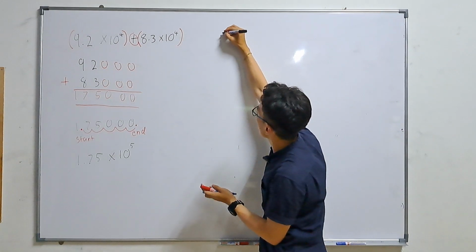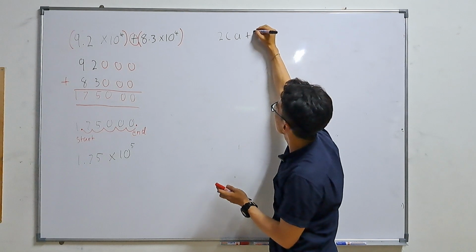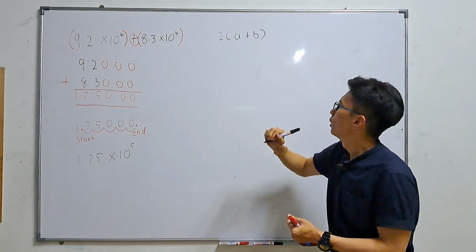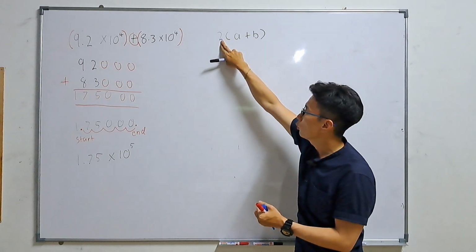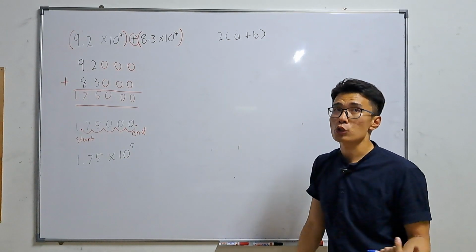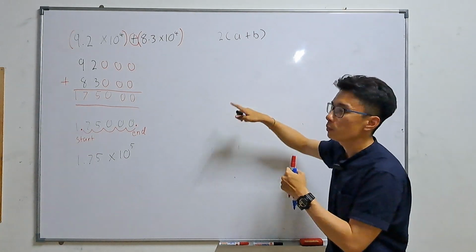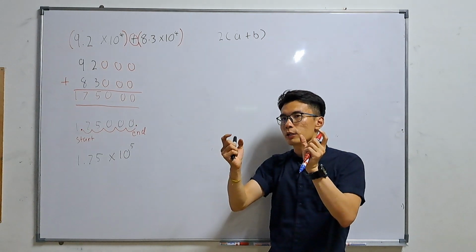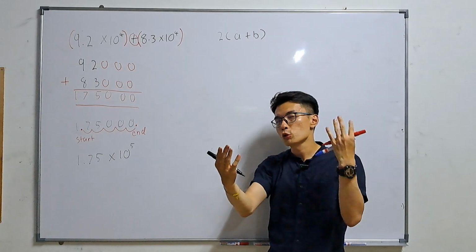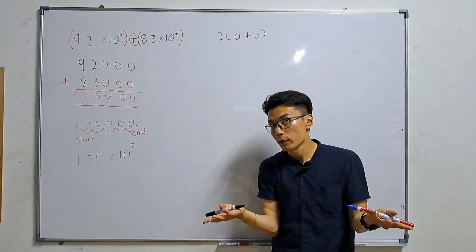So let's just say I have 2, A plus B, okay? Now, we understand this as a multiplication because we have 2 next to a bracket, it means multiplication. But for this example, I'm gonna change the location of 2 because it doesn't matter how the numbers are arranged in multiplication. For example, 2 times 3 is 6. If we were to swap it, 3 times 2 is 6 as well, right?